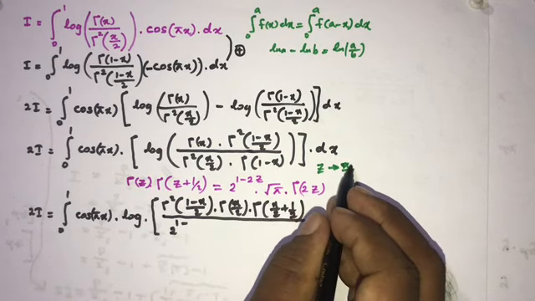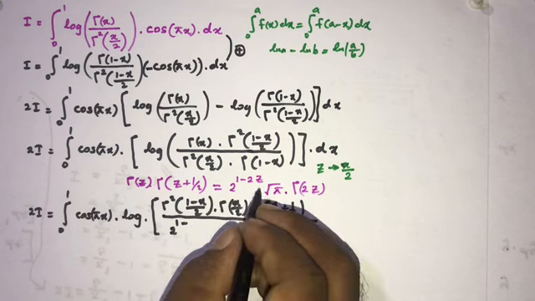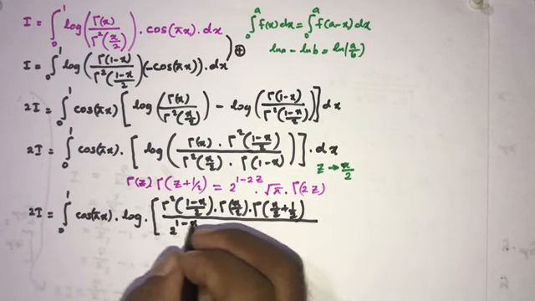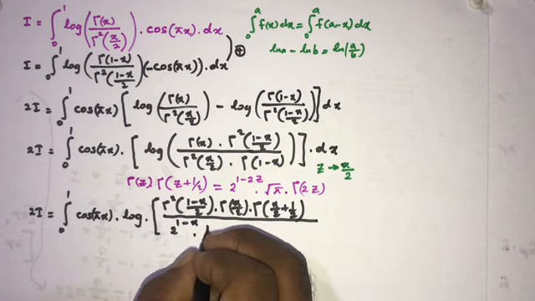Now c is equal to x over 2, so the 2 cancels, giving 1 minus x, and then square root of pi.